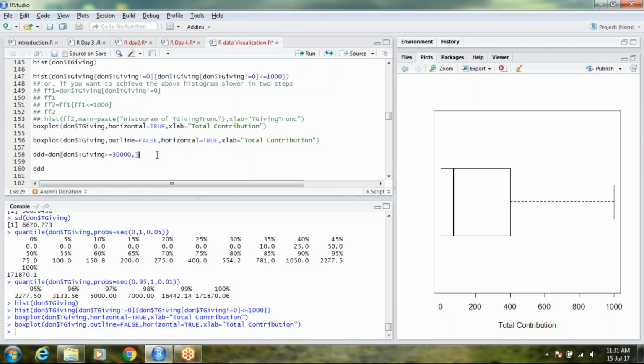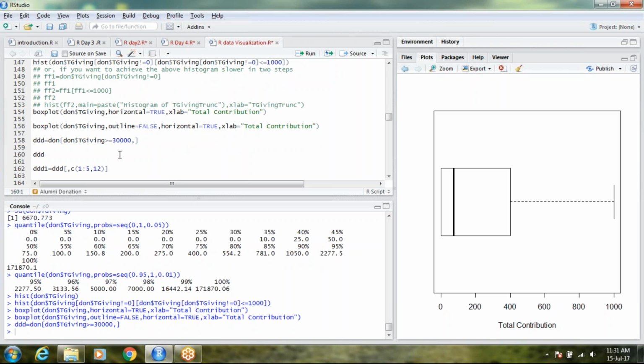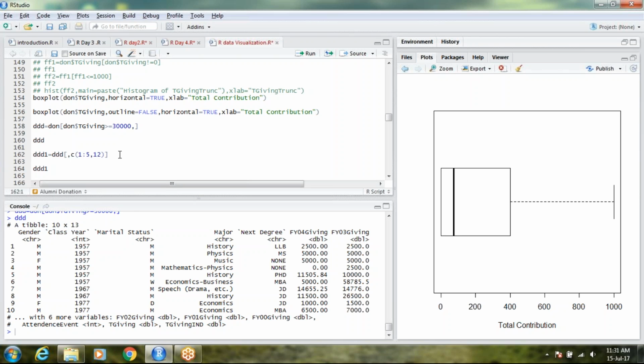Now let's subset the data and keep the numbers only till 30,000, and let's make some analysis. So here we have some data also, 6 more variables.